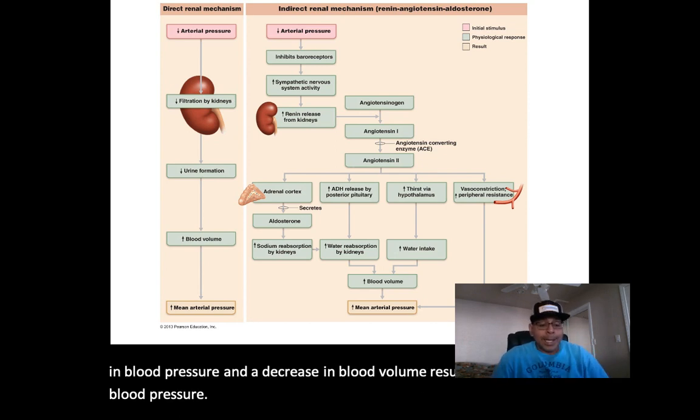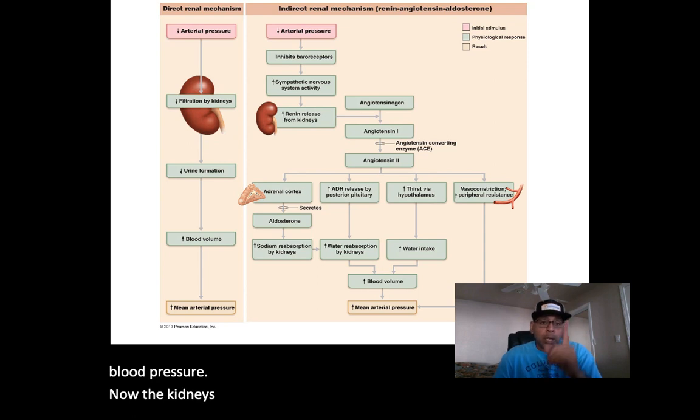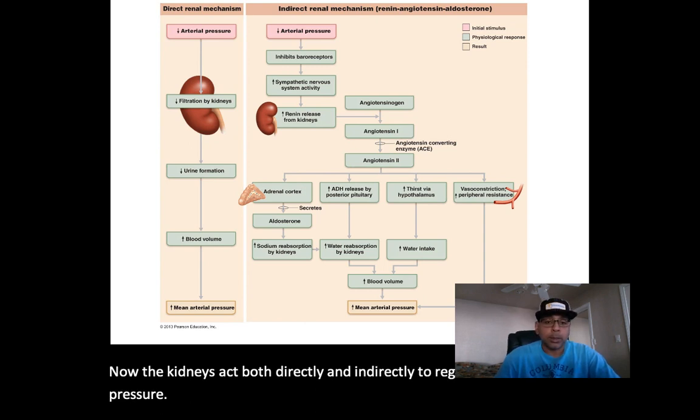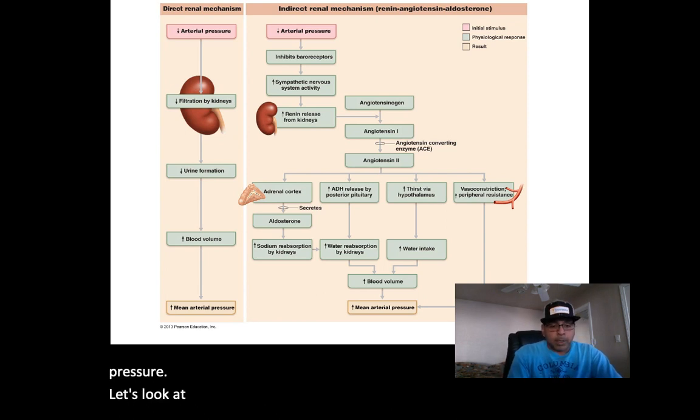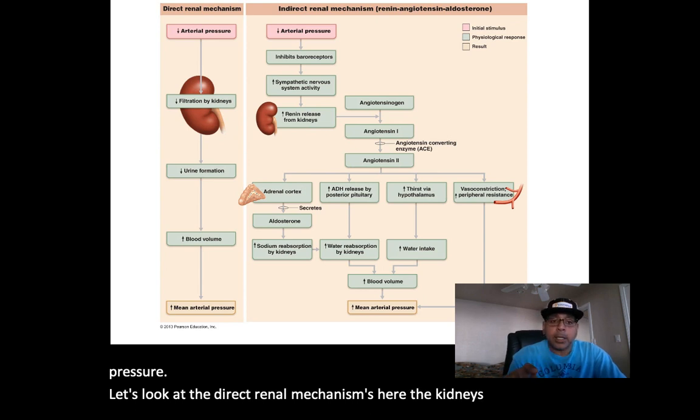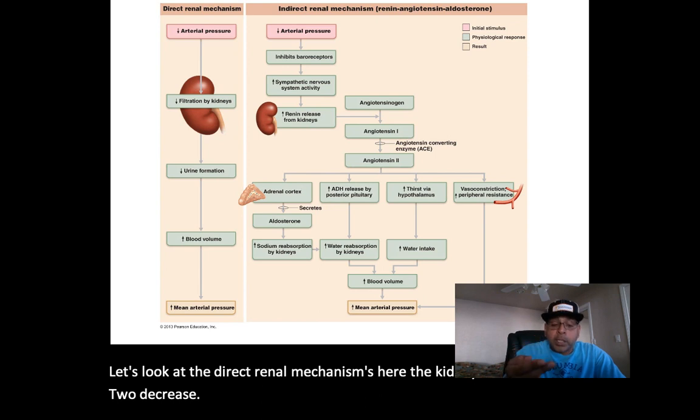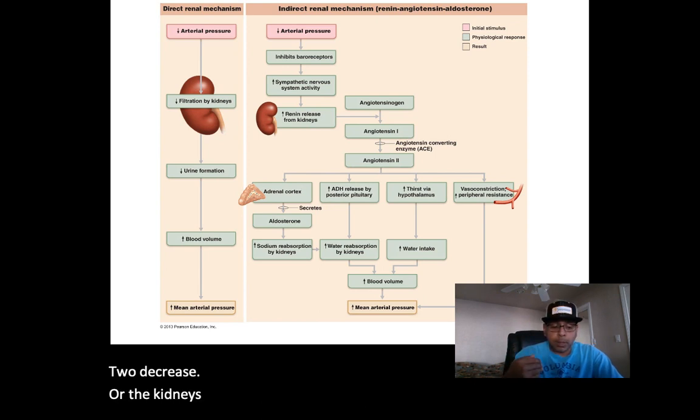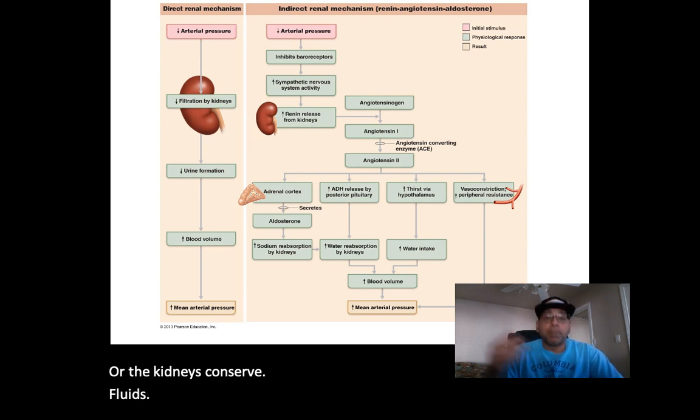Now the kidneys act both directly and indirectly to regulate arterial pressure. Let's look at the direct renal mechanisms. Here, the kidneys either excrete to decrease, or the kidneys conserve to increase fluids to alter then blood pressure.